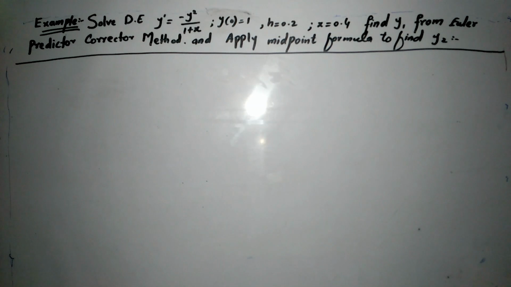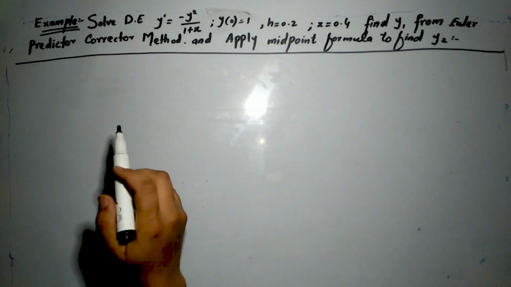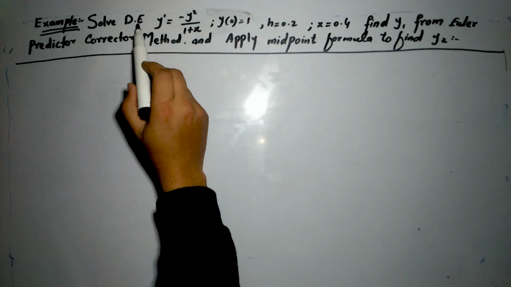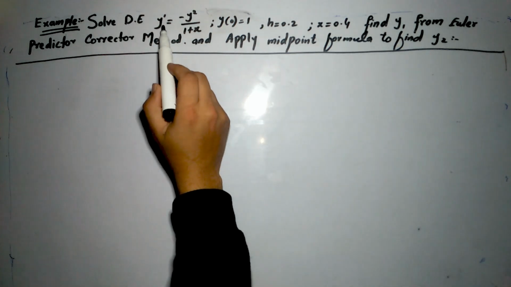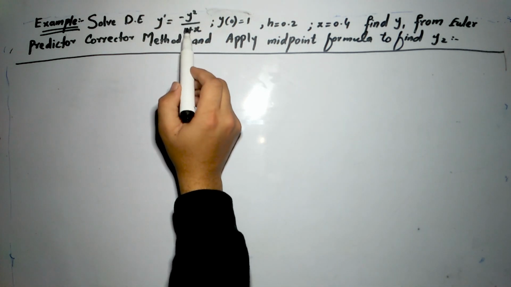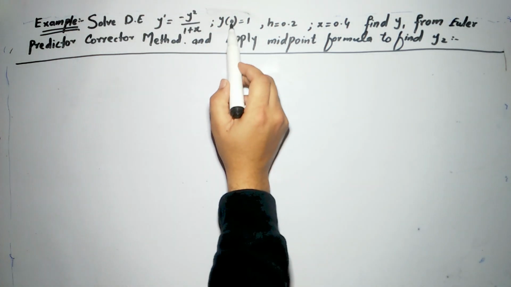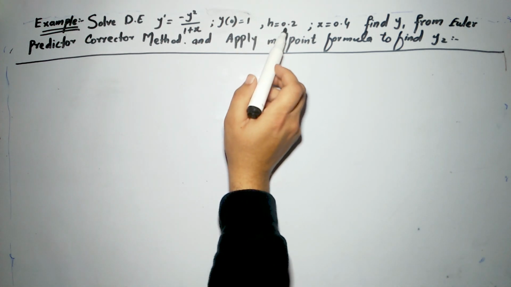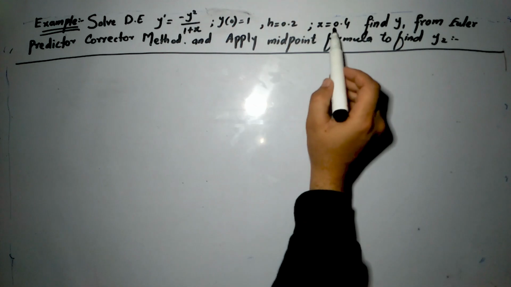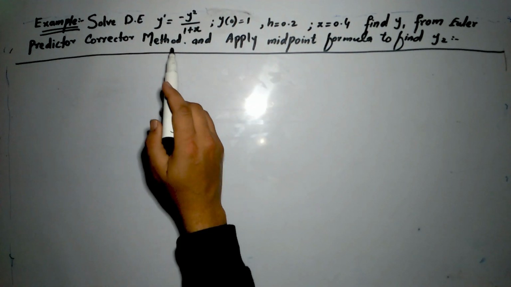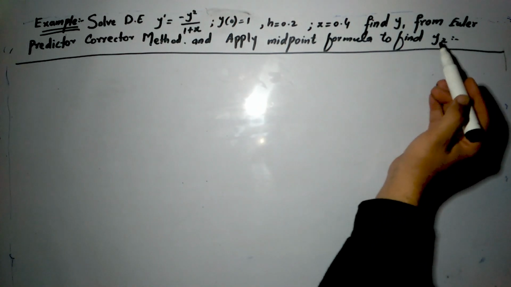So here is an example related to the midpoint formula. Solve the differential equation y prime is equal to minus y square over 1 plus x, y of 0 is equal to 1 and h is equal to 0.2. Find y1 from the Euler predictor corrector method and apply the midpoint formula to find y2.